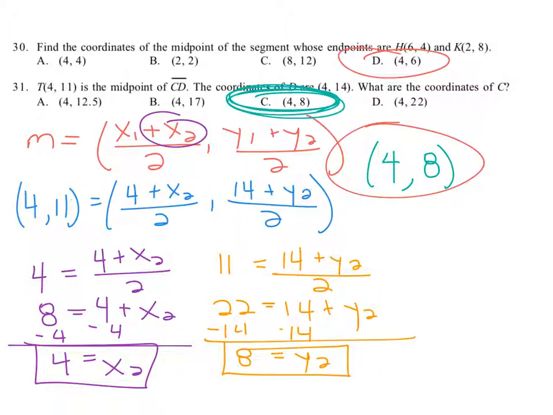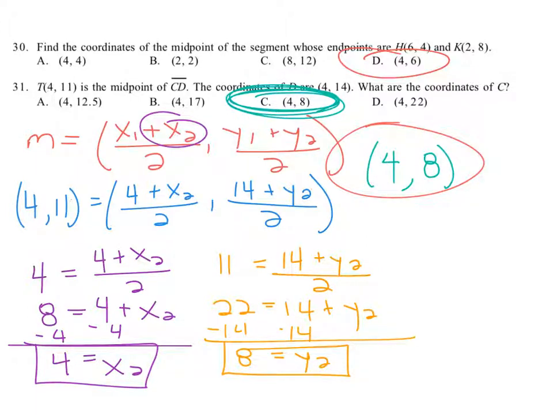That was a bit lengthy. Hopefully you understand. The first part we're just averaging. Here we're going to say some number plus some other number divided by 2 will give us what they give us as the x-coordinate. So if we put in one of the numbers, this whole thing should calculate out to be 4. So we set it equal to 4, and then we undo it to solve for what was missing. Same thing here.